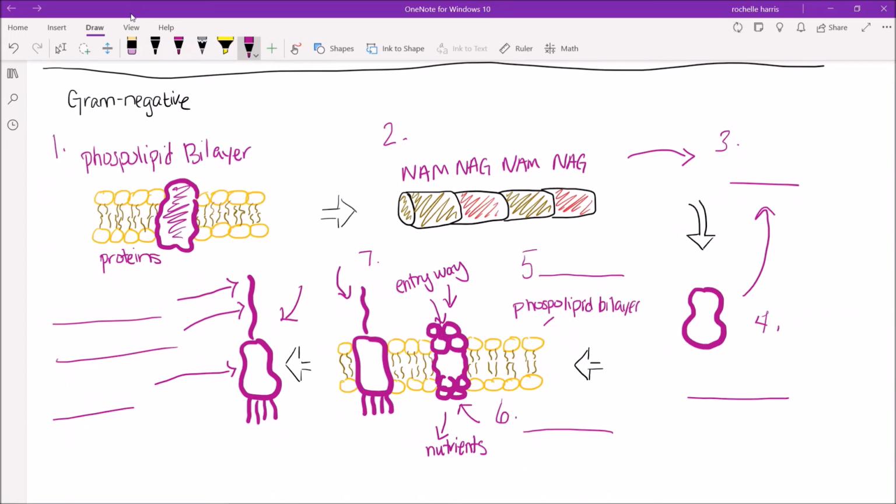Okay, all right, let's go. Number 1 is, of course, a phospholipid bilayer. Number 2 is our peptidoglycan. We're going to skip to number 4, and it's a lipoprotein.